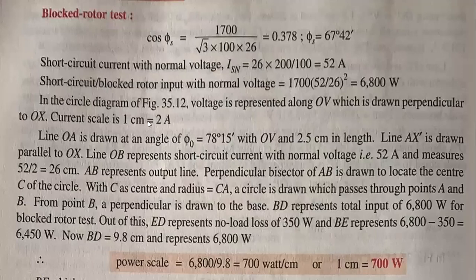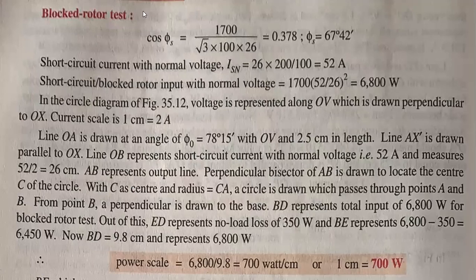Okay, so I am taking the scale as 1 centimeter equal to 2 amperes, right? So for 2 amperes, we have to draw the length 1 centimeter. For 4 amperes, 2 centimeters. For 6 amperes, 3 centimeters. Okay, got it? Now we got the angles, and now we will go for the lengths.